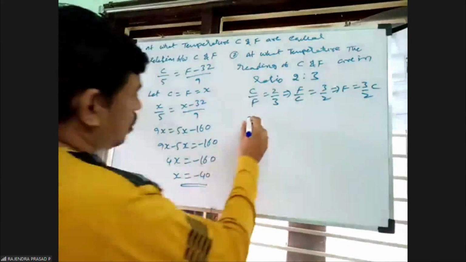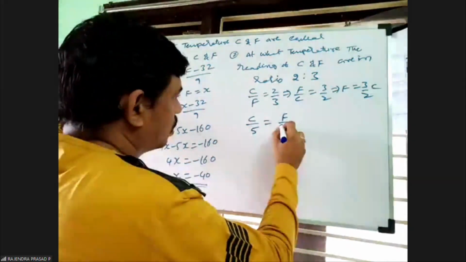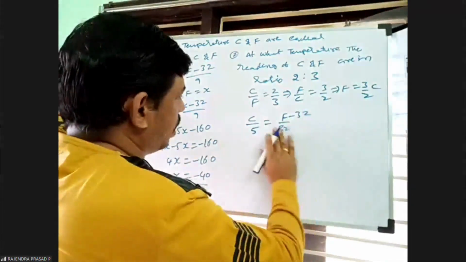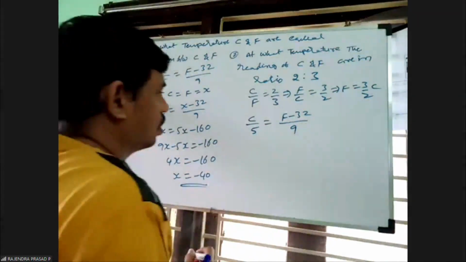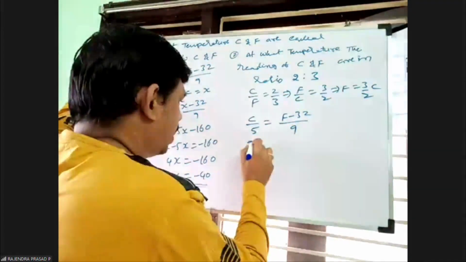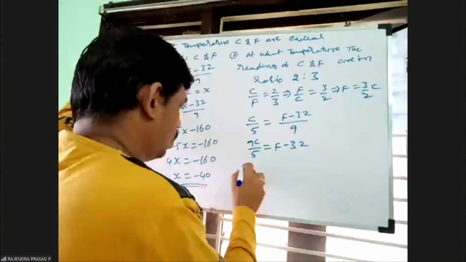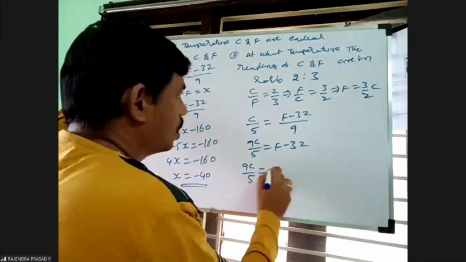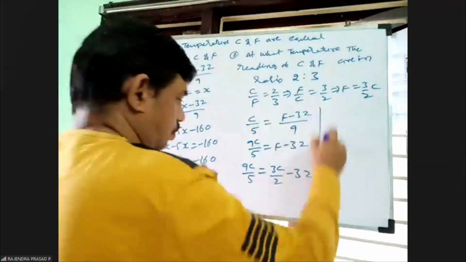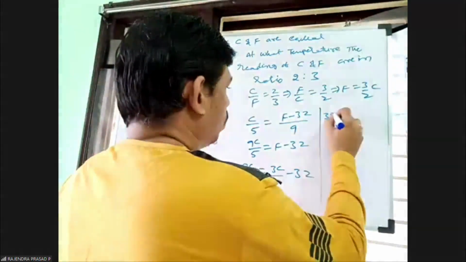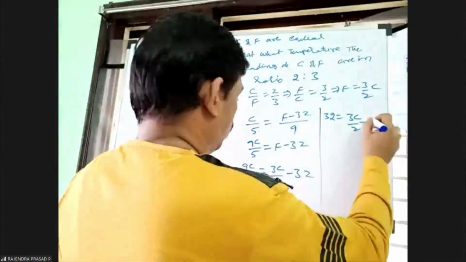Okay. So we know that C by 5 is equal to F minus 32 by 9. So 9C by 5 is equal to F minus 32. So 9C by 5 is equal to 3C by 2 minus 32. So 32 is equal to 3C by 2 minus 9C by 5.